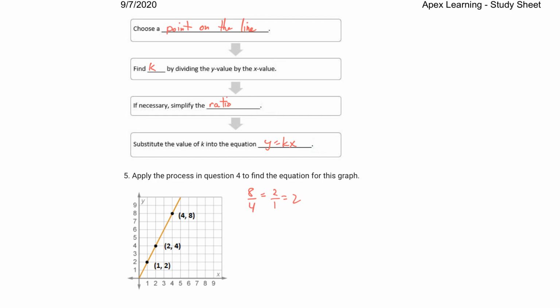So I found the point on the line, done. I find k by dividing them, done. 8/4, simplifying it, 2/1 or 2. And then I substitute into y equals kx. Well, k is equal to 2, so y equals 2x would be our equation.